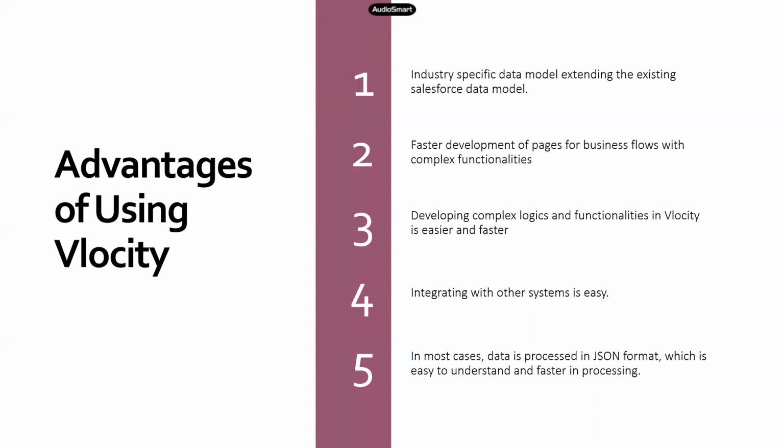Vlocity has created so many other custom objects around these objects. For example, order line items. When you are applying promotions, you may need more objects. So they will create a promotion object. They'll create a few more custom objects around those so that you can use them. I mean, most of your business requirements fit right in. You don't have to do any more customization.